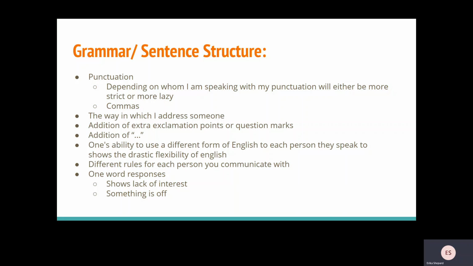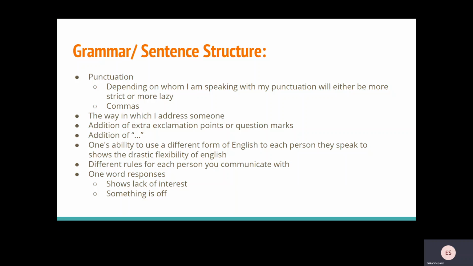But amongst my friends, if someone gives me a one-word response like 2 or 3 times in a row, something is definitely off. You have to read into that. You have to know that they're upset or they're irritated and veer the conversation in that way, because one-word responses are almost like a slap in the face.